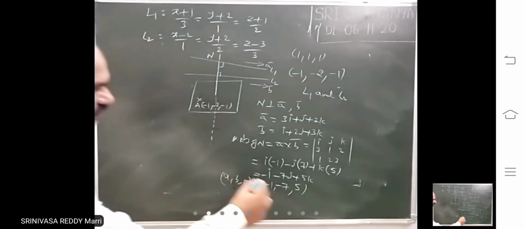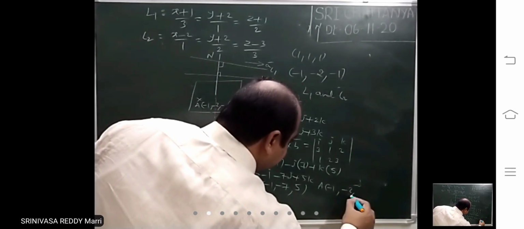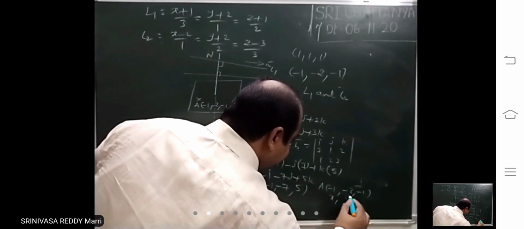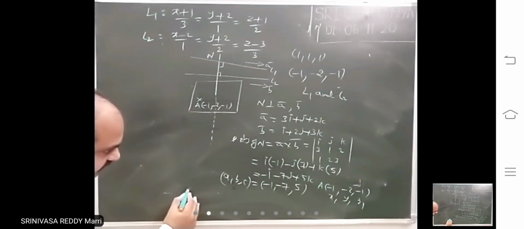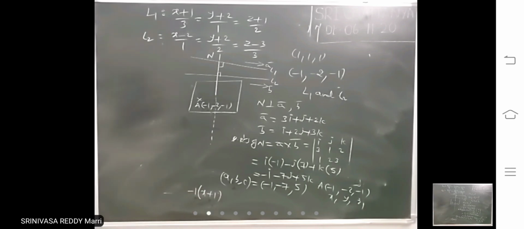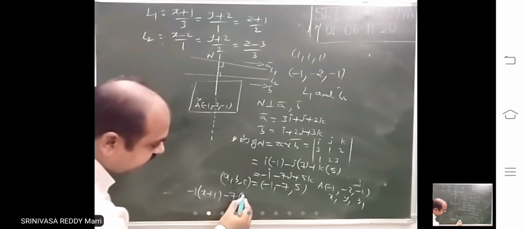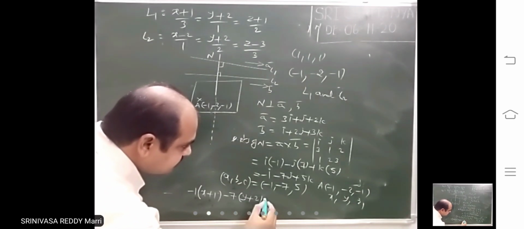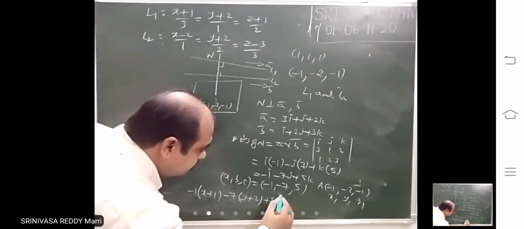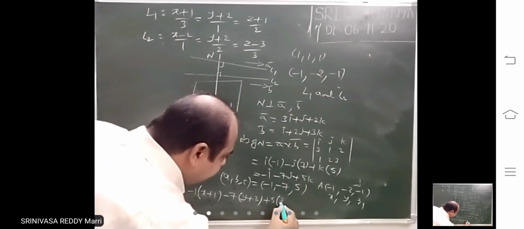The plane is passing through this point, so this is x1, y1, z1. Write the equation of the plane: A into (x minus x1) plus B into (y minus y1) plus C into (z minus z1).